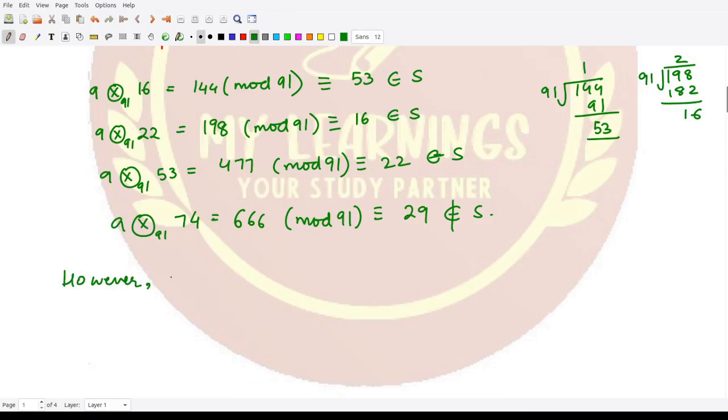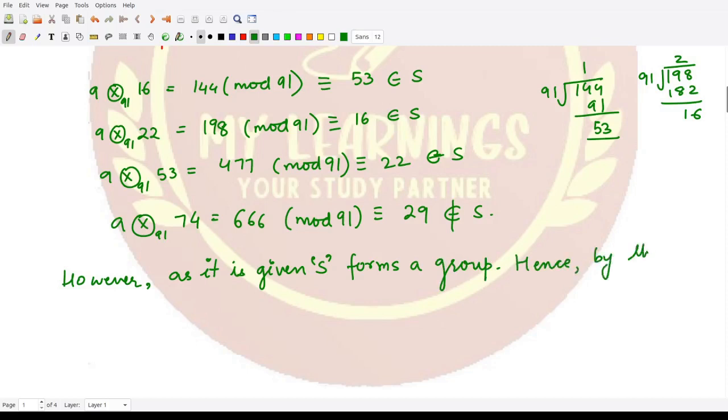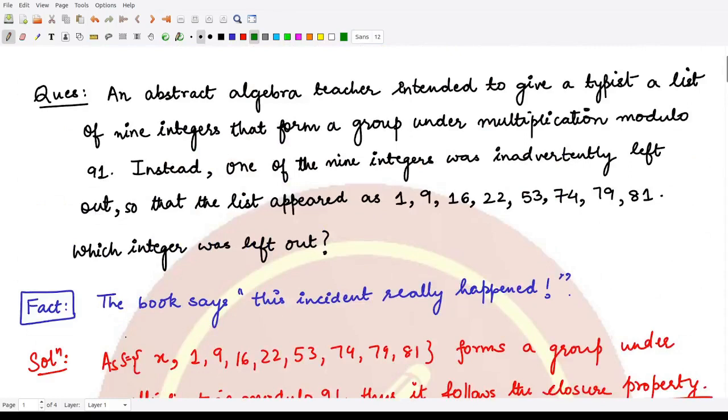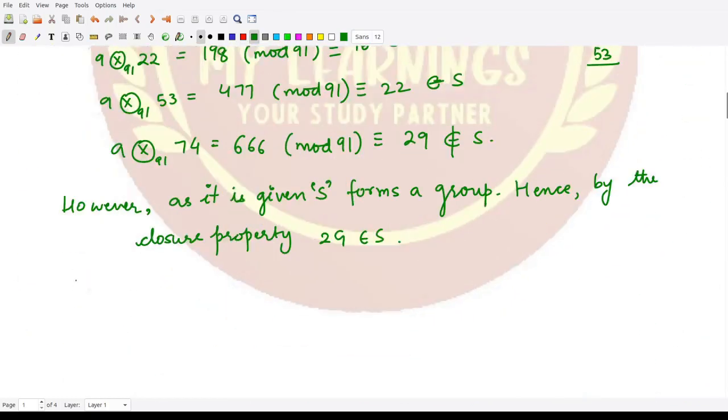However, as it is given, S forms a group, right? Hence, by the closure property, this 29 must be present in the set S. Hence, we have calculated the missing member.